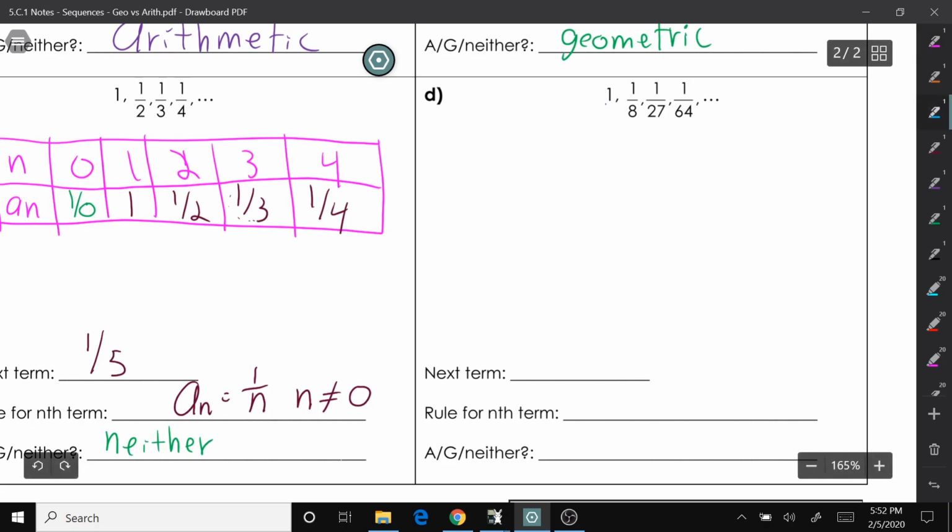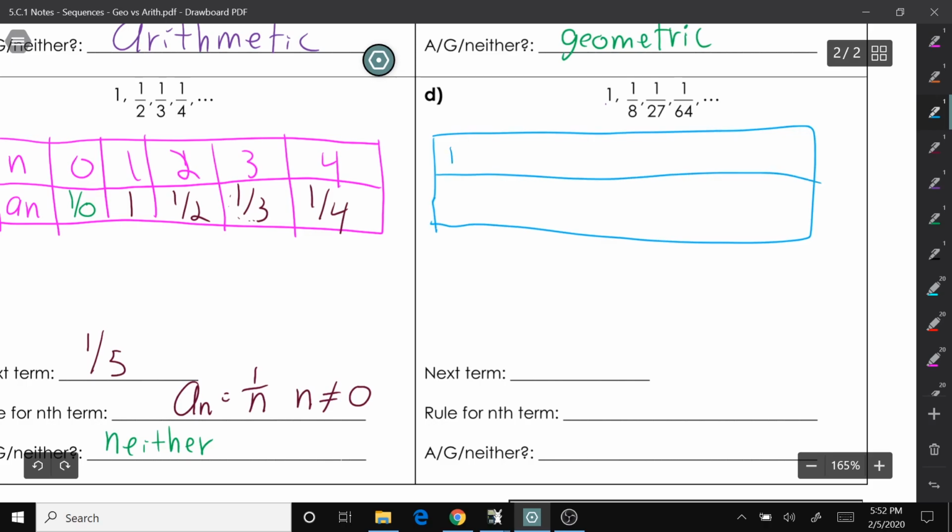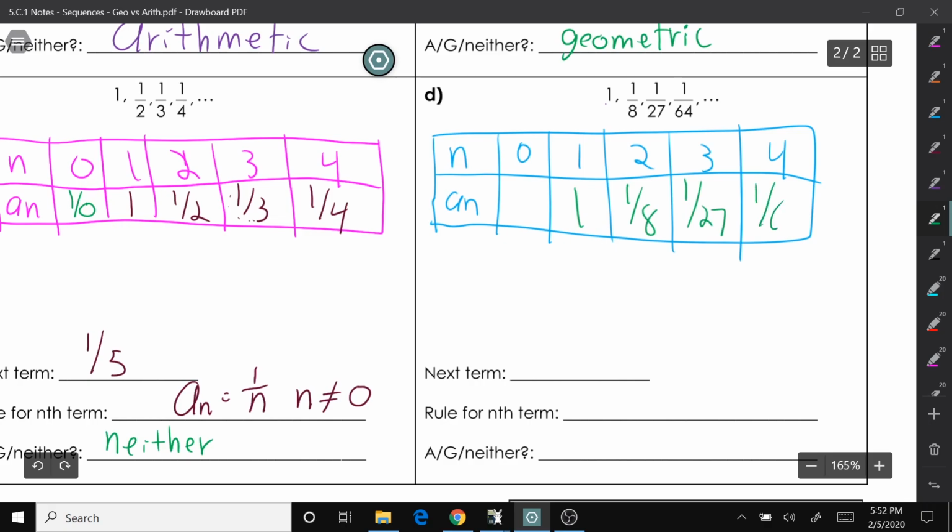Okay, letter D. Let's make a table. And we have n, a(n), 0, 1, 2, 3, 4. And our y values, 1, 1/8, 1 over 27, 1 over 64.